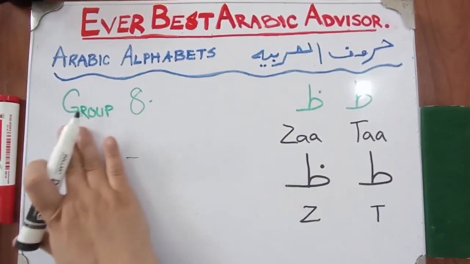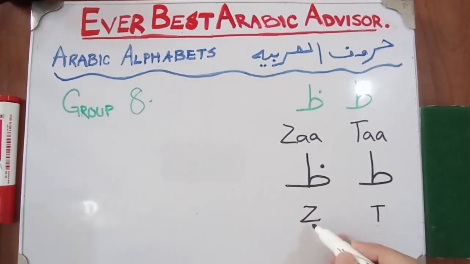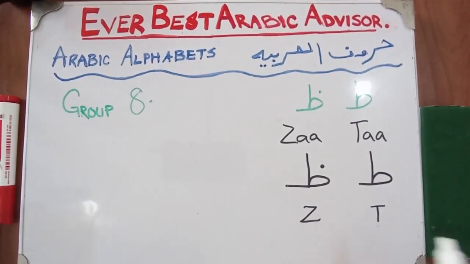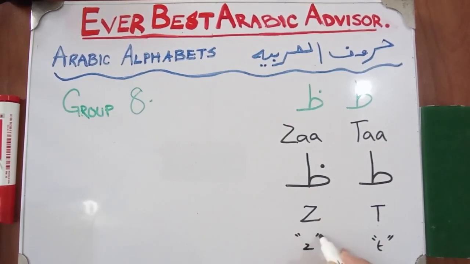So the equivalent of the letter Zo in English is the Z, but it should be very emphasized and heavy. Zo, zo, like this. And the phonics of Ta is written T, and the Ta is also a whistle, but it doesn't make a whistle.